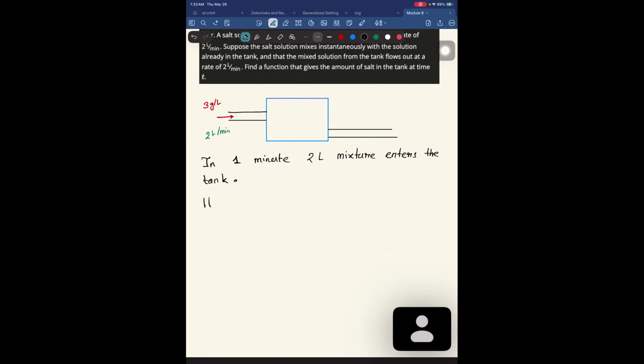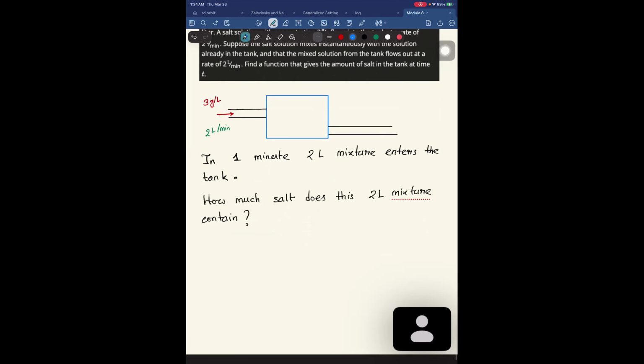Question: how much salt does this 2 liter mixture contain? See, 2 liter mixture is entering.